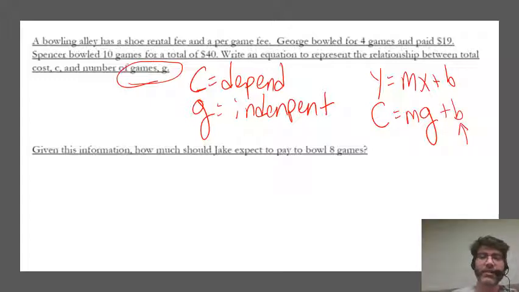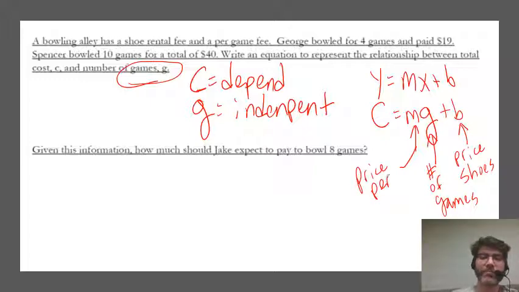This is the price of shoes. So you multiply the number of games times the price per game.